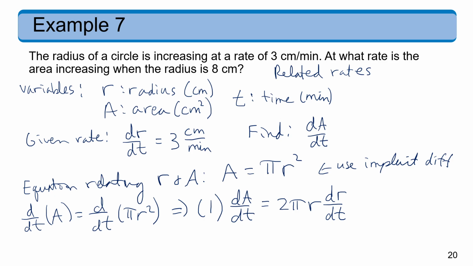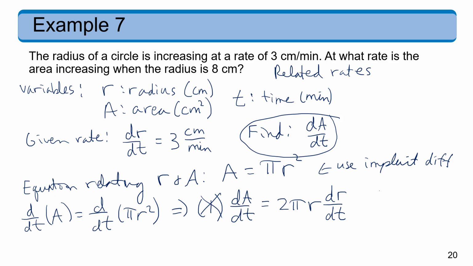Now, look, we can plug in the given information and solve it, you can do it in either order. Why don't we solve it first for the one we're trying to find, which is dA/dt. But notice it's already solved for dA/dt, right? Because we can drop off this 1, so that we don't have to move anything around. That part's done.